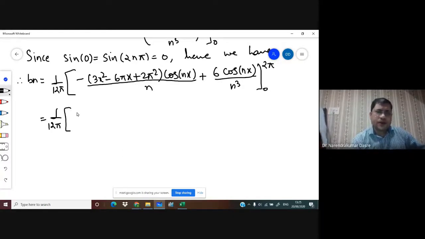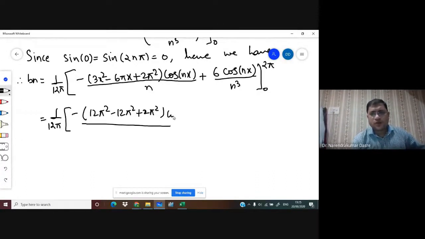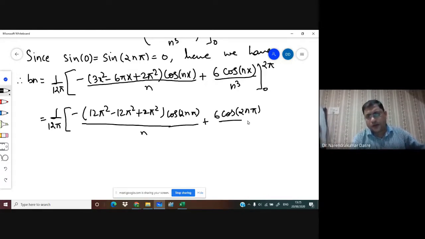If I apply 2π, this is going to be 4π square minus 12π square plus 2π square, and cos of 2nπ upon n, plus 2 cos of 2nπ upon n cube. And we are using the lower limit, so minus, minus, plus.